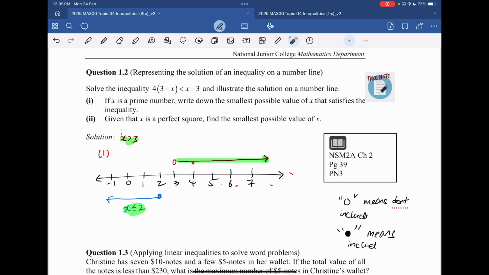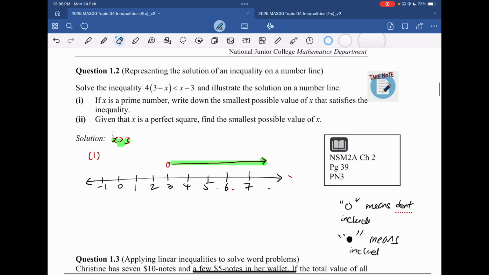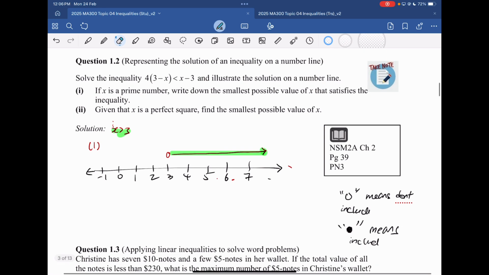You go all the way to the right. Closed circle you include. So for example, if x less than or equal to, you draw a closed circle, you go to the left. Less than, you go left. More than, you go right. Clear so far? So I hope you know how to draw your number line. Open circle and closed circle, that's an important difference.